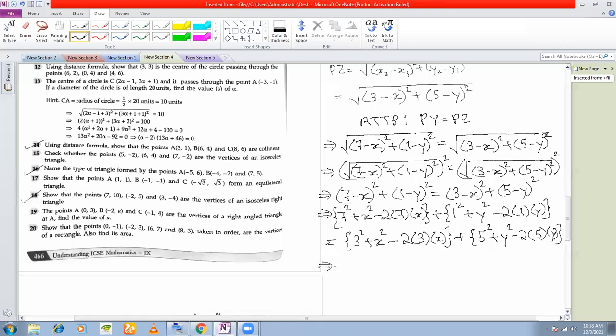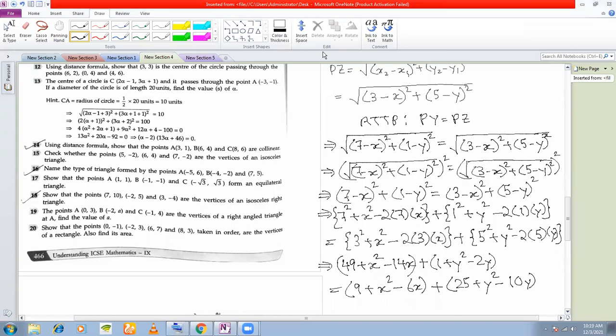Now we are going to write here 7 square is 49 plus x square minus 14x, plus, and you can change your brackets to first brackets here, 1 plus y square minus 2y is equal to, again, 9 plus x square minus 6x plus 25 plus y square minus, you have 2 into 5 into y, which is 10y, right?